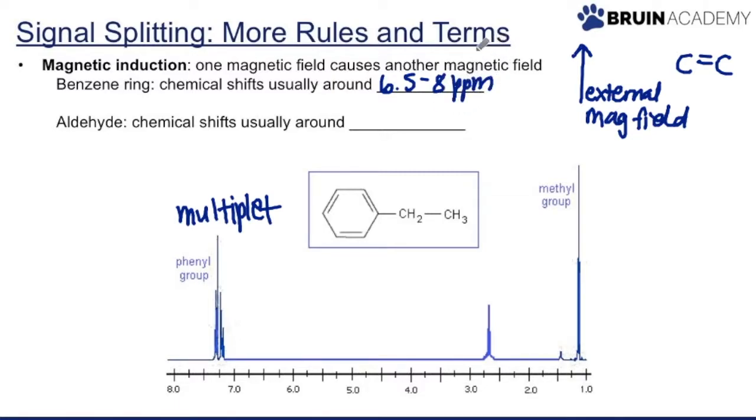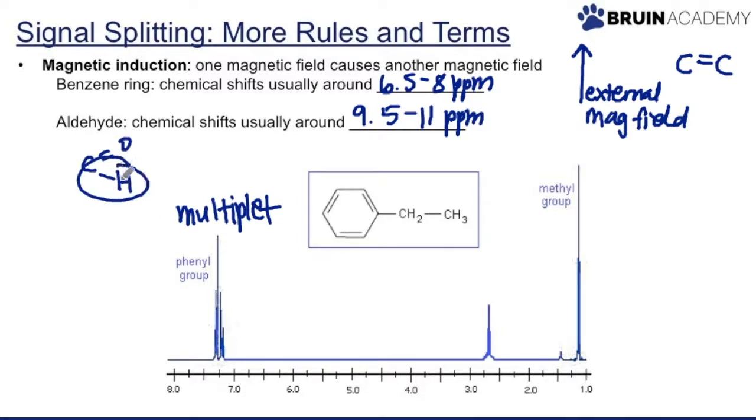The reason I tell you this information is so that it can help you narrow down what types of molecules you should be considering when you're trying to build your molecular structure. And then for aldehyde, you'll find that its chemical shift usually falls around 9.5 to 11. So this represents the aldehyde hydrogen here.